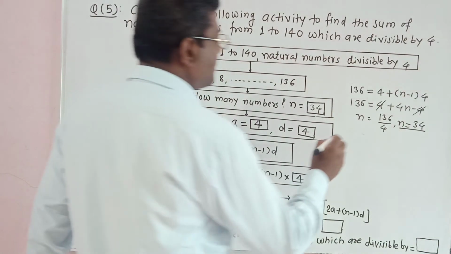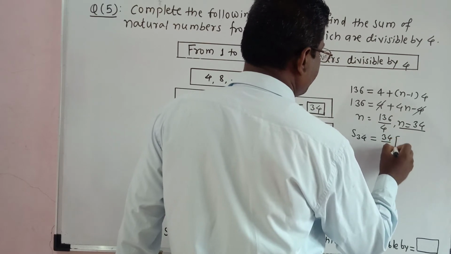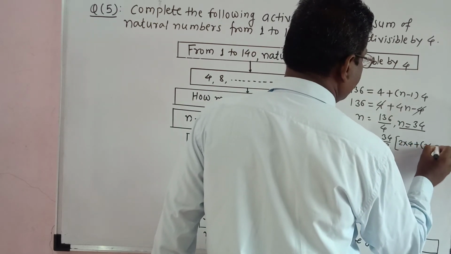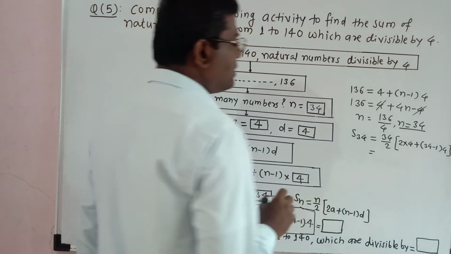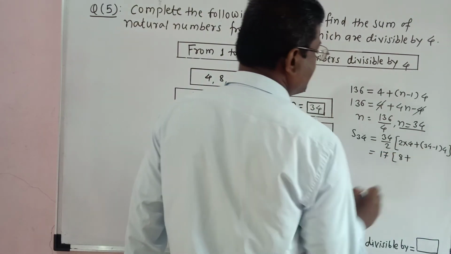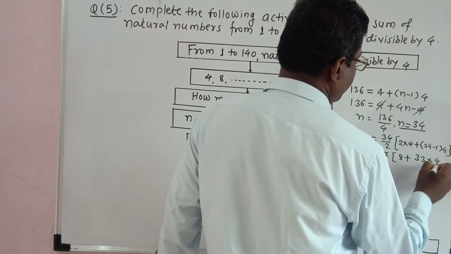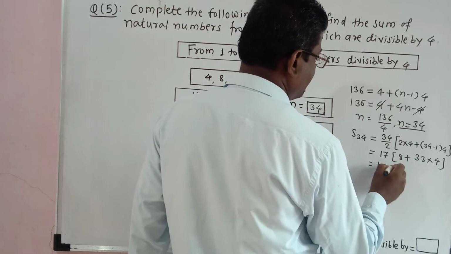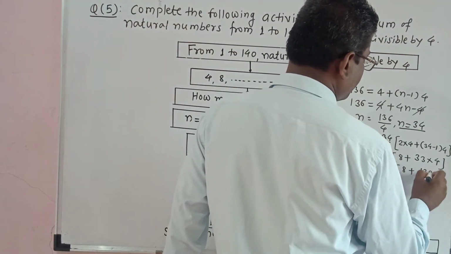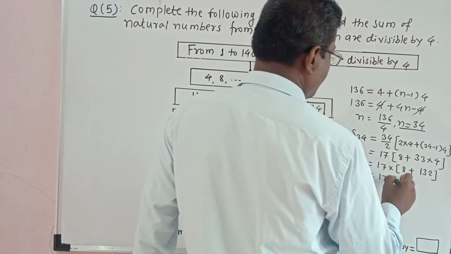Now let's find S34 is equal to 34 upon 2 in bracket 2 into 4 plus 34 minus 1 into 4, that equals 34 upon 2, which is 17, 17 in bracket 2 into 4 is 8, and 34 minus 1 is 33. 33 into 4, so it is equal to 17 into bracket 8 plus 33 into 4 which is 132. 132 plus 8 will be 140.